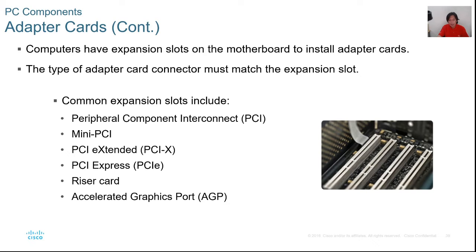Nowadays we still have PCI on our motherboard, but before they had what they call the AGP, or accelerated graphics port. So how are you going to compare? PCI can have 32 to 64 bit expansion slots, which is the size of the transfers. Mini PCI is used mostly on our laptops.